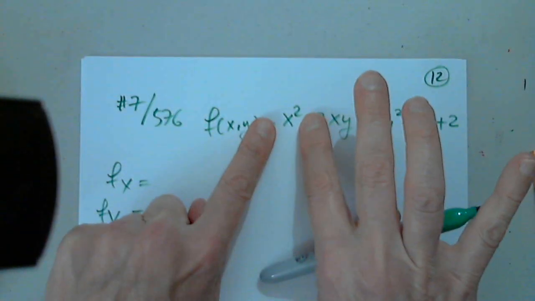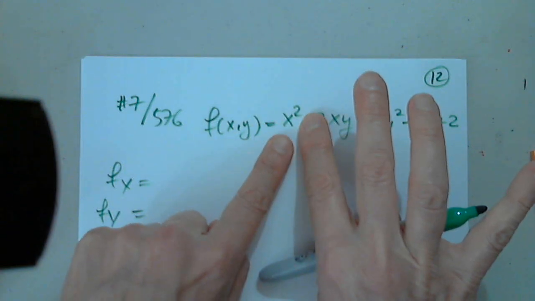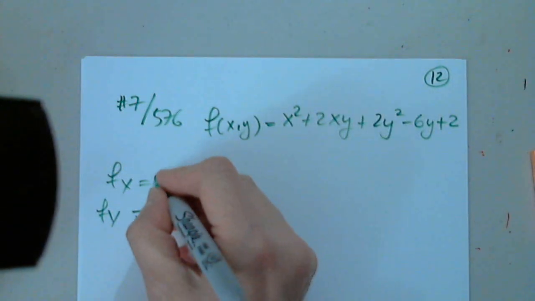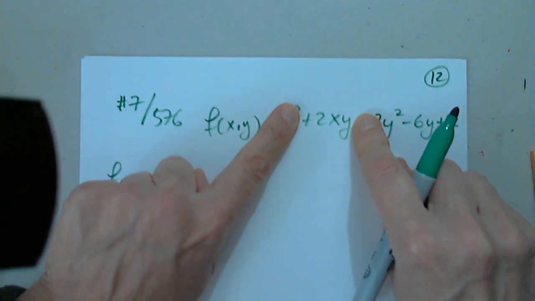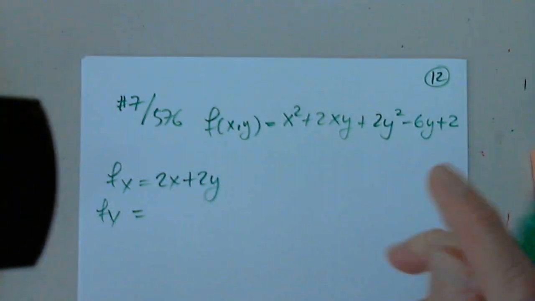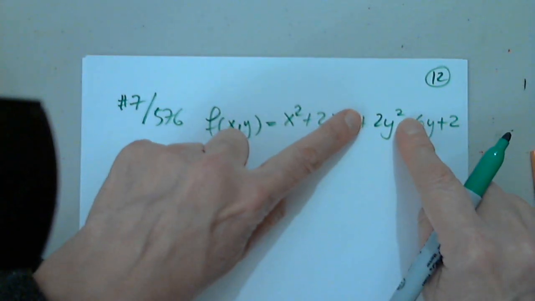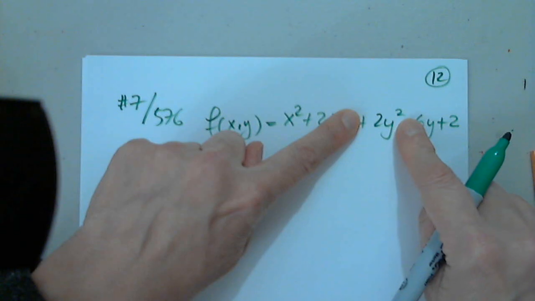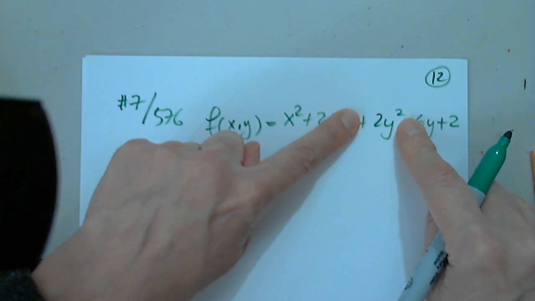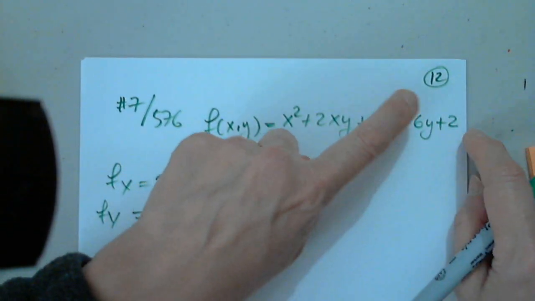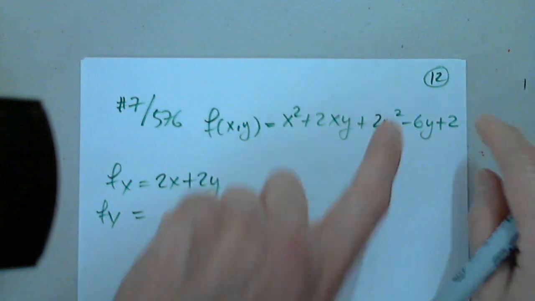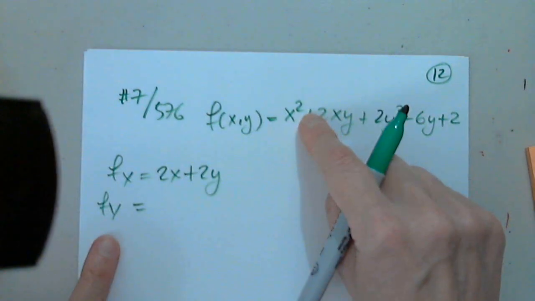So we differentiate this with respect to x. 2x. Perfect. We differentiate this with respect to x. 2y. Perfect. We differentiate this with respect to x. 0. 0. 0. Perfect. Now fy.